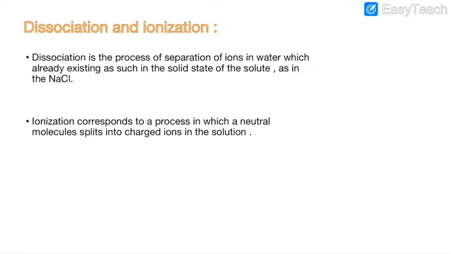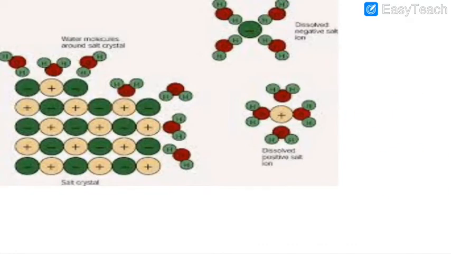Now this can be explained with this diagram. In this diagram, the positive and negative ions, that is Na plus and Cl minus, are given here. Cl minus is represented by the green colored circle and Na plus is represented by the yellow colored circle.